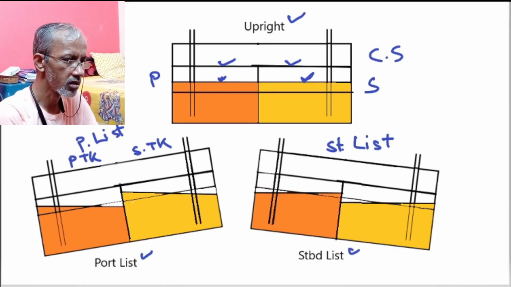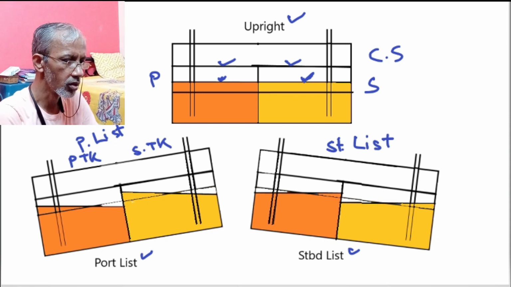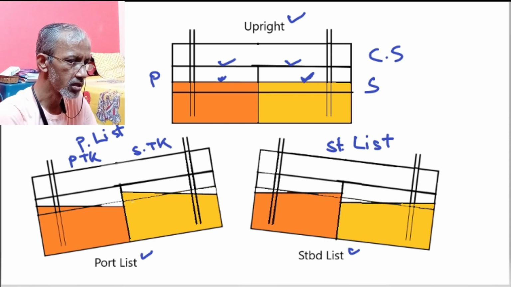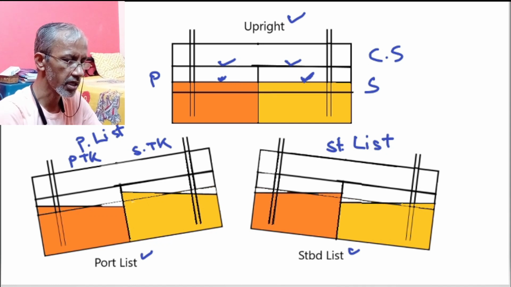And this is not the only way in which the soundings get increased or decreased. It all depends on the position of the sounding pipe, whether it is towards the inboard side or towards the outboard side from the center of the tank, and also on the cross-sectional area of the tank.